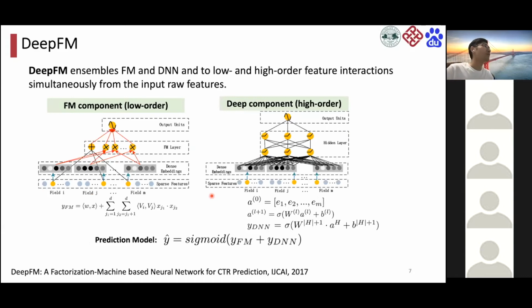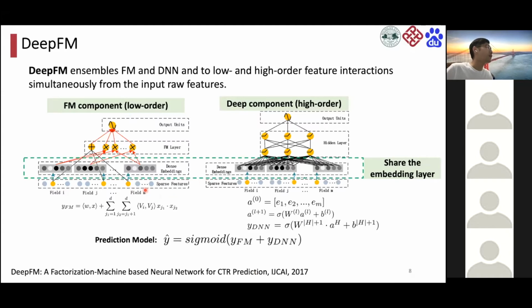Okay, another representative deep learning-based factorization machine is DeepFM, which was proposed in IJCAI 2017. Different from NeuralFM, DeepFM integrates the architecture of the FM component and the deep neural network component, so as to model the low order feature interactions like the FM, and model the high order feature interactions using the deep neural network.